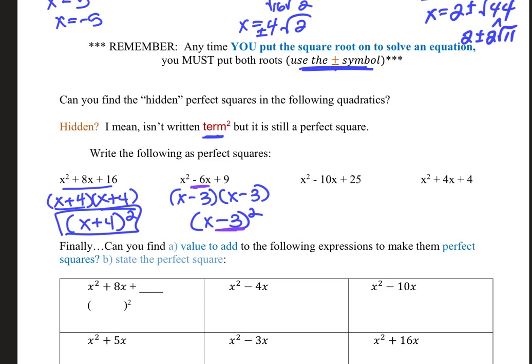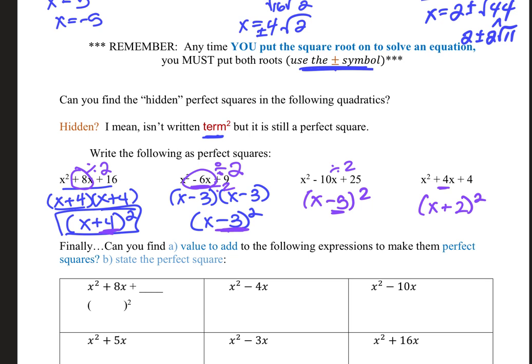So if I take this number and divide it by 2, I will get this number every time. Take this number, divide it by 2, I get the 4. So that's a shortcut that gets us to this binomial. I take the 10, divide it by 2, and I get negative 5. Same thing here. I take that positive 4, divide it by 2, I get 2, and that's my perfect square equation.